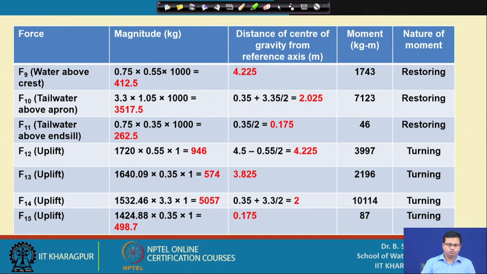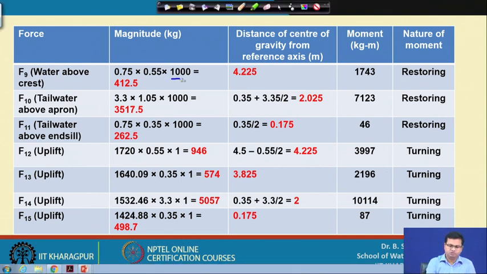Now, coming to the uplift pressure, similarly you can do for water above crest. For water above crest, that is F 9. The density gamma W is equal to 1000 kg per meter cube, and this is my area: 0.75 is the height of water, into 0.55, the length of the apron on which this pressure is acting.